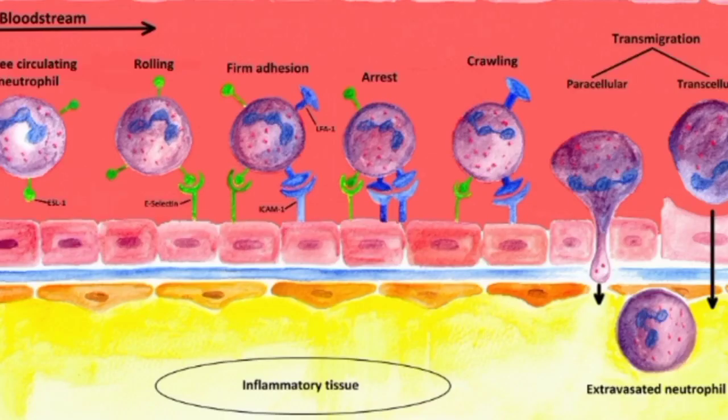The next step is that G protein coupled receptors on this rolling granulocyte bind to the attractants secreted on the apical membrane of the endothelium. This leads to a conformational change in the granulocyte surface proteins termed beta-2 integrins. The important beta-2 integrins here are lymphocyte function associated antigen 1, LFA1, and macrophage antigen 1, MAC1.